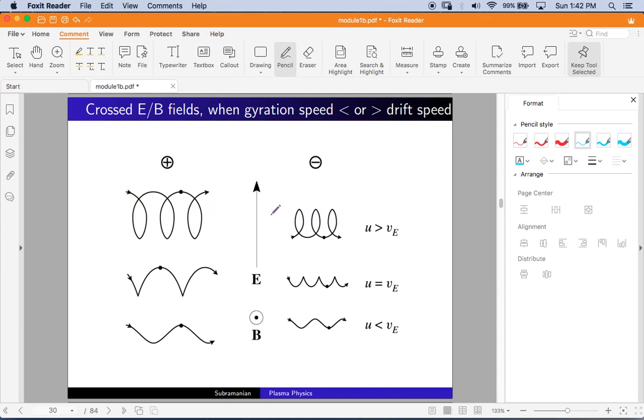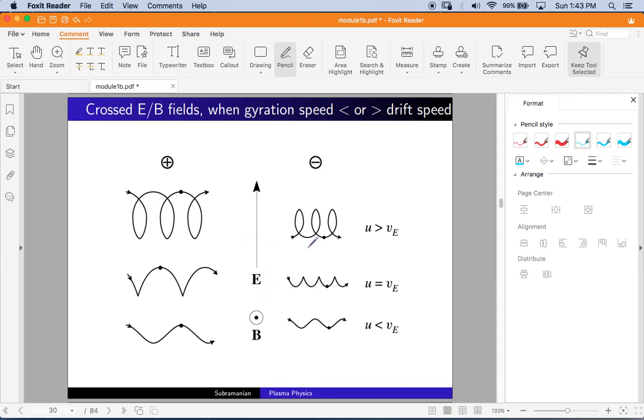And the direction of the drift is perpendicular to E as well as B. Because the B is pointing out of the page, you have the basic gyration around the B. But the drift is not because of the velocity parallel to B. That would be into the plane of the paper or out of the plane of the paper. This is not a V parallel. This is really a drift velocity, and the drift velocity, as you can see, is perpendicular to the direction pointing out of the paper, as well as this.